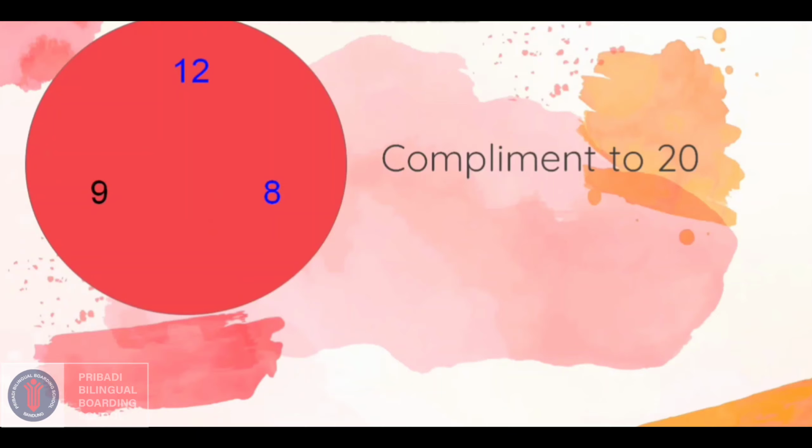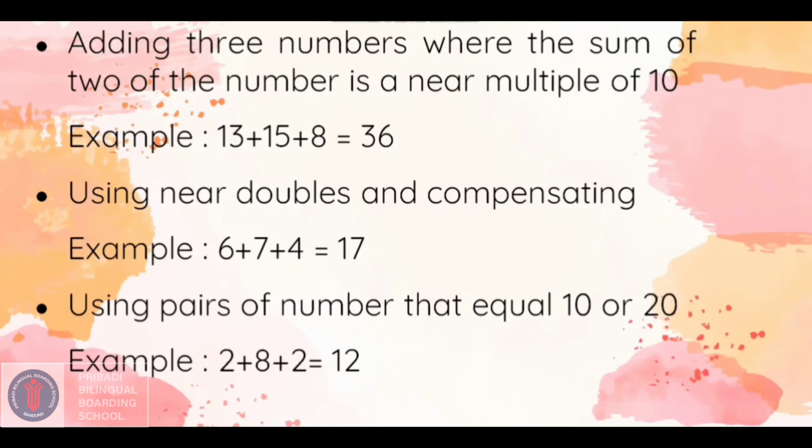So after we add 12 plus 8, which equals 20, we can put 9 together. So all of these three numbers will equal 29.